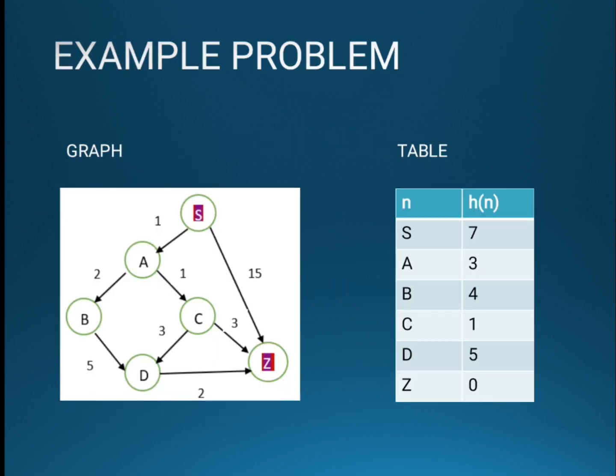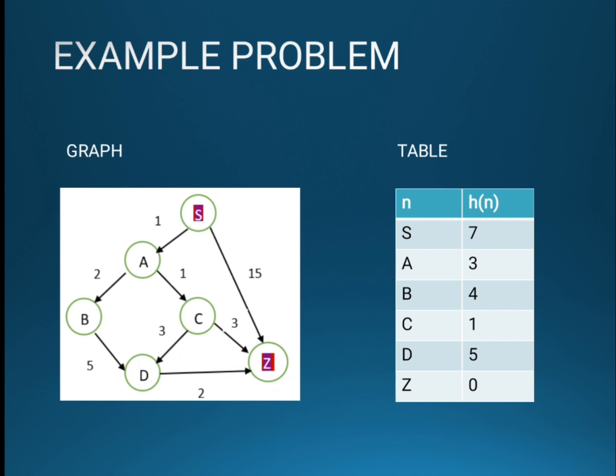This is the problem we are going to discuss in today's session. The problem has 6 nodes, that is S, A, C, B, D, Z. We are going to find the shortest path from S to Z by applying the A-star search concept.